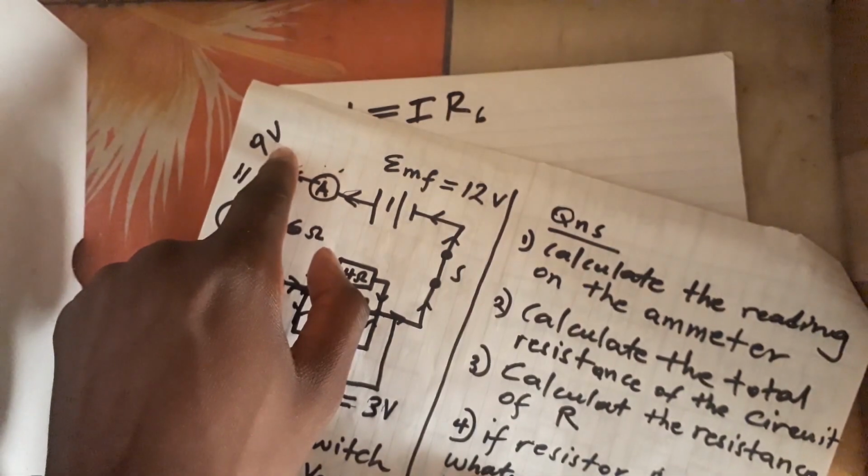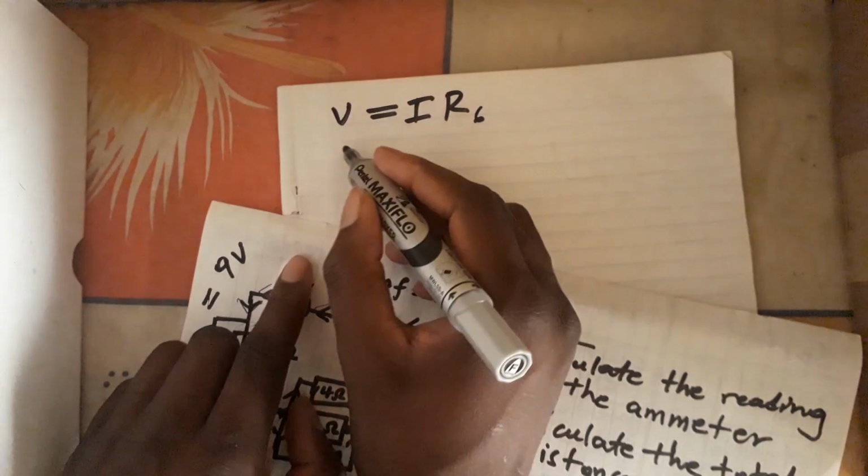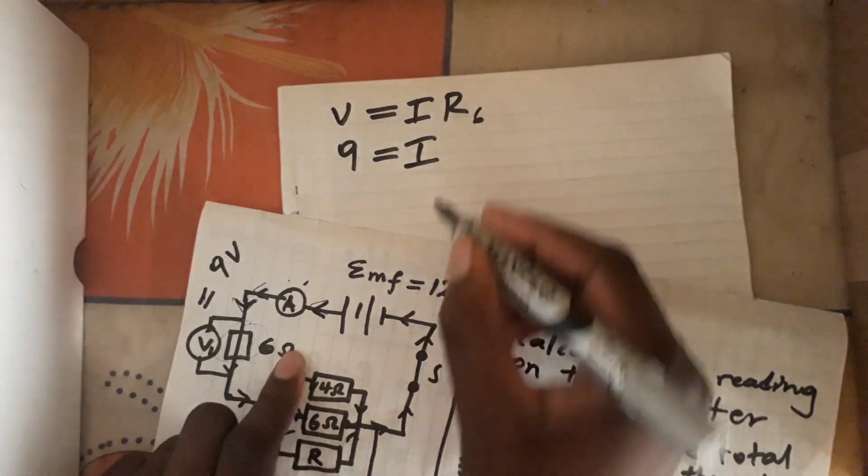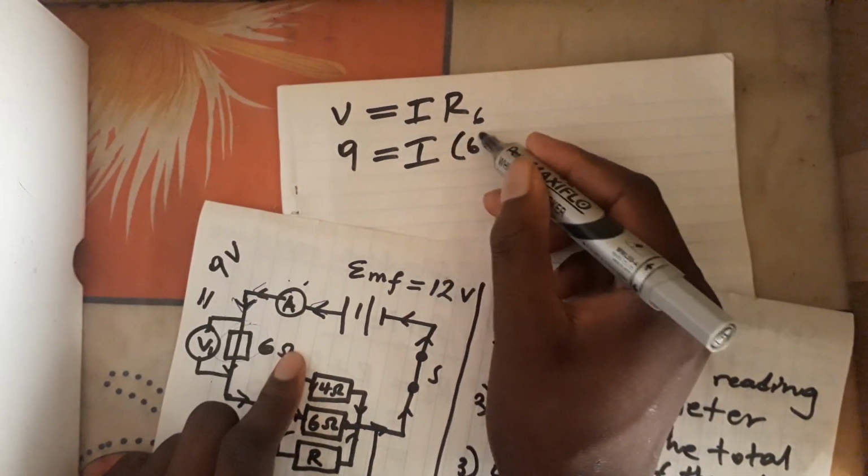We said it's 9 volts, and then I'm going to say 9 equals I. What is the resistance? 6 ohms. 6.